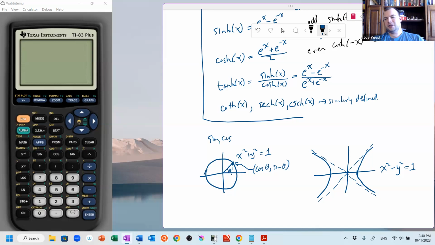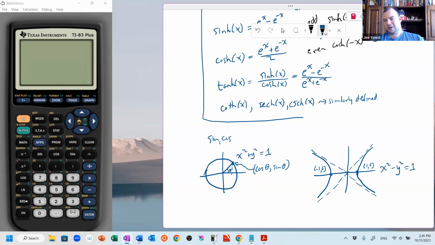I have a point here at 1 comma 0, and a point here at negative 1 comma 0. And I kind of traverse these hyperbolic legs as I change my inputs to the hyperbolic trig functions.